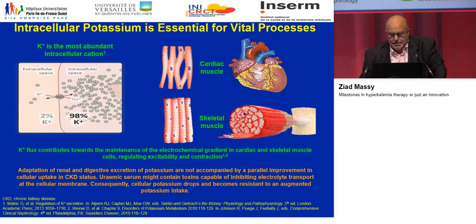And what happens is that uremic toxin blocks this enzyme, this transporter, so there is no transport anymore from extracellular to intracellular fluid. So our patients not only are not eliminating potassium in the kidney and the intestine, but when they have a load of potassium, they have difficulty moving the potassium intracellularly, so they are very prone to hyperkalemia.